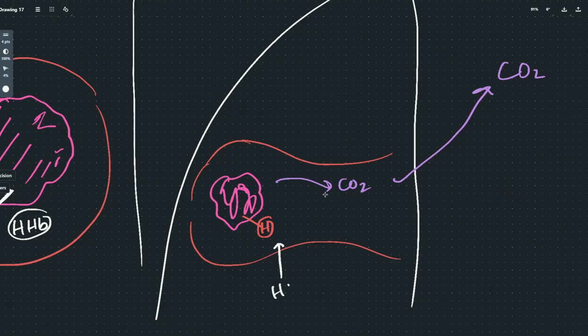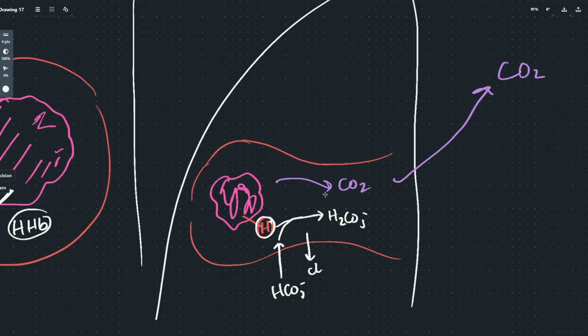So HCO3 will come inside the cell, and of course chloride would go out. So this HCO3 will react with this H positive to form H2CO3. And of course we do not have any shortage of water in our body, so we do not need water here. Water will be produced here.